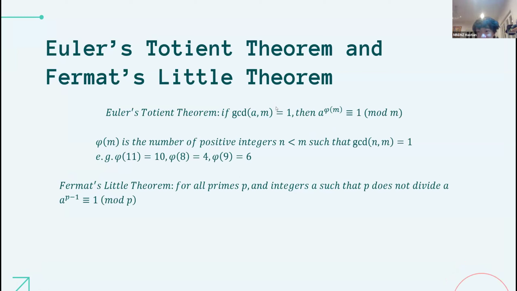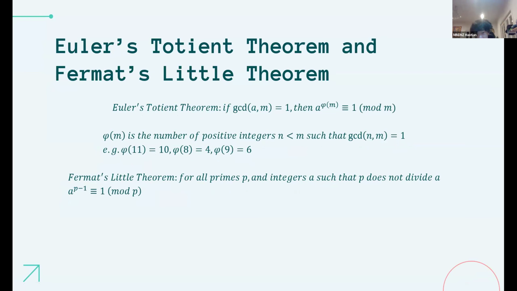Euler's theorem, yep. Okay, hopefully you guys have had enough time to read it.